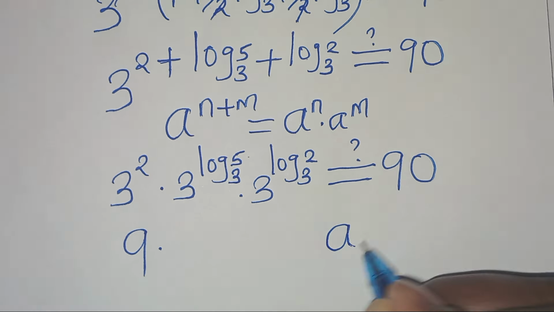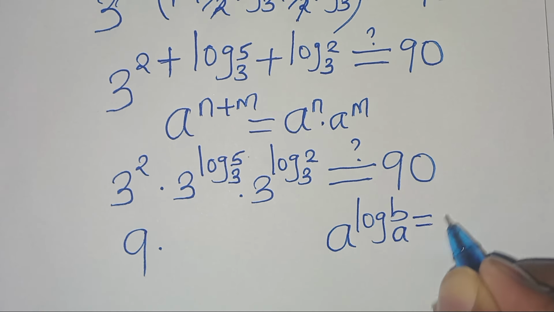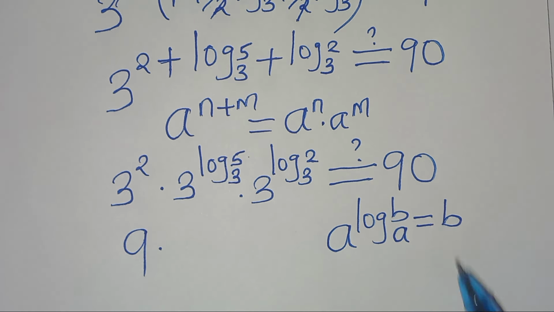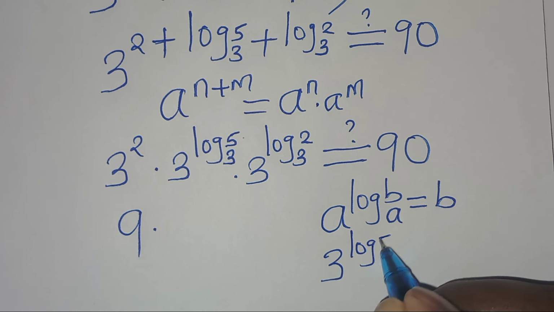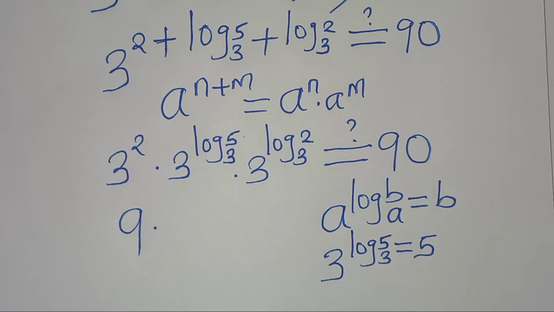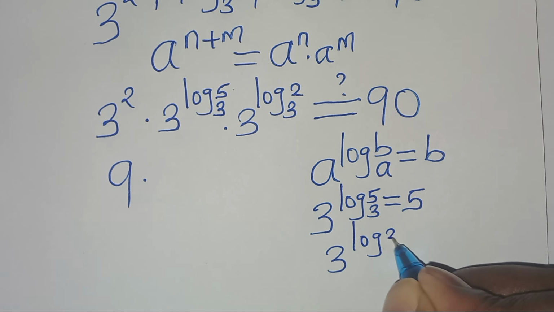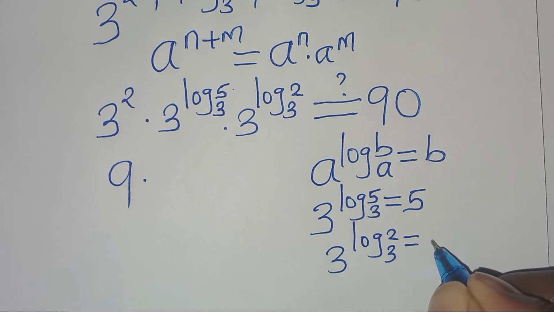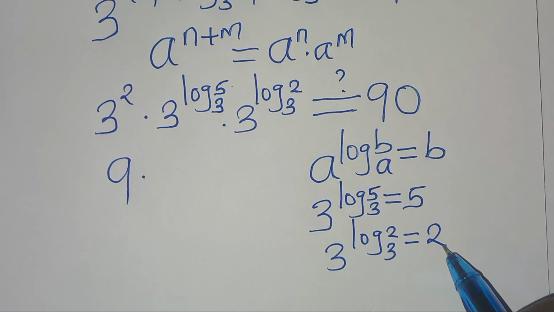This is in the form of a to the power of log b to base a, and this gives us a value of b. Now, 3 to the power of log 5 to base 3 gives us a value of 5, and 3 to the power of log 2 to base 3 gives us a value of 2. So let's substitute 5 and 2 here.